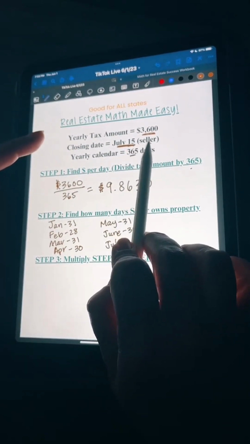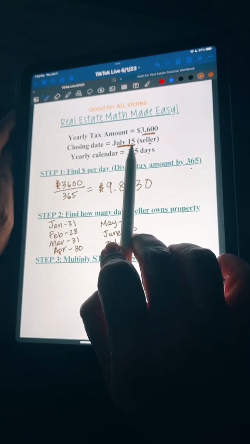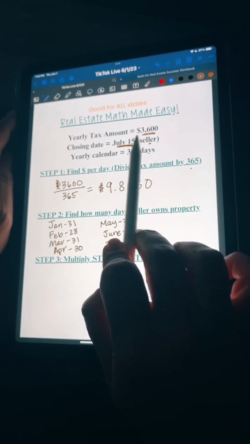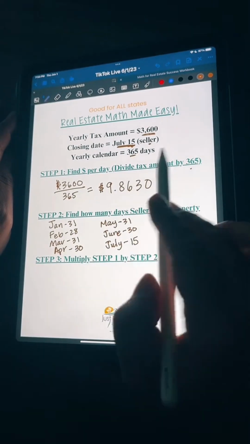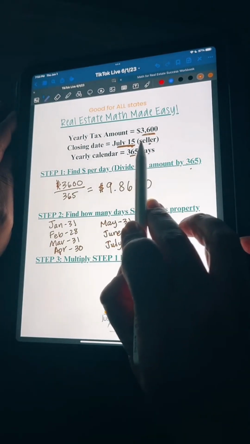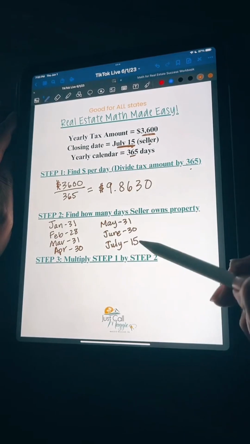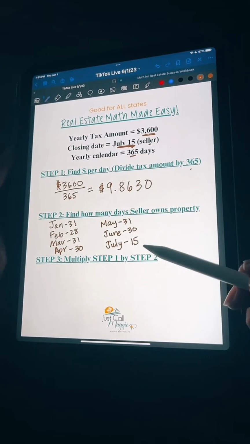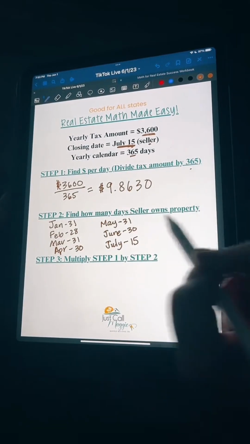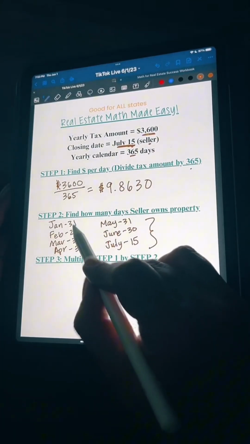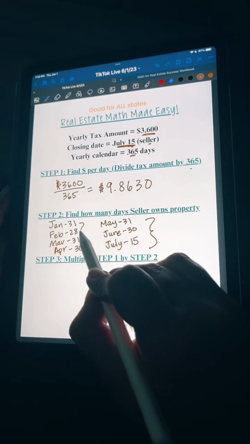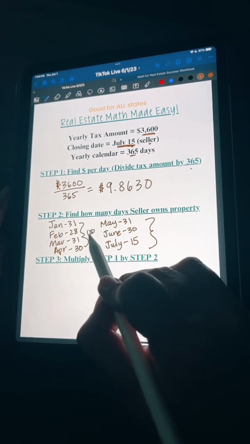So since the seller owns the day of closing, it's 15 days in July. If this said buyer here, I would only put 14 days here. So we have to add up all these days.